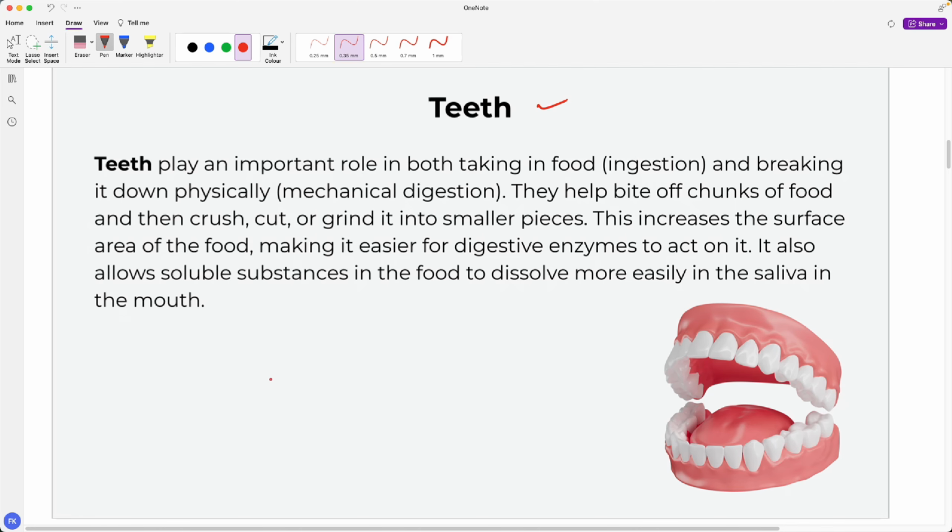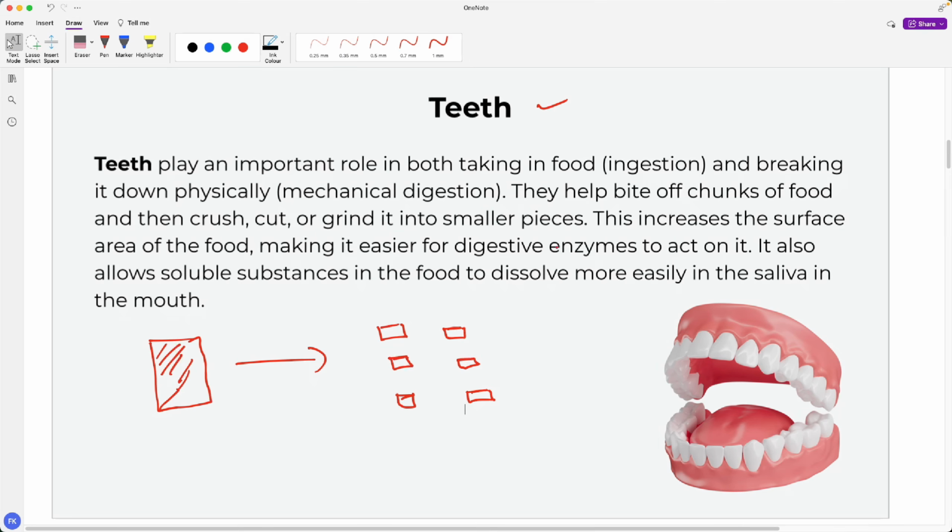How come it increases the surface area of the food? Suppose this is a food, okay? As you can see, if you break down this food into smaller chunks, it actually increases the surface area so that enzymes can work on it.